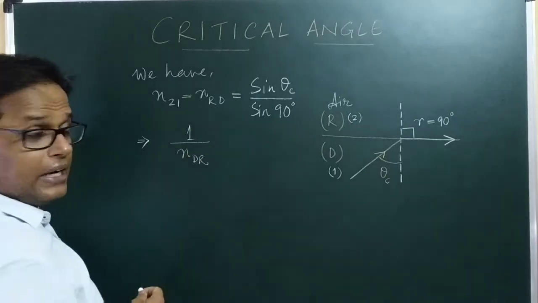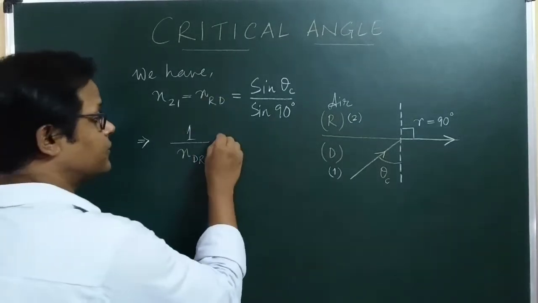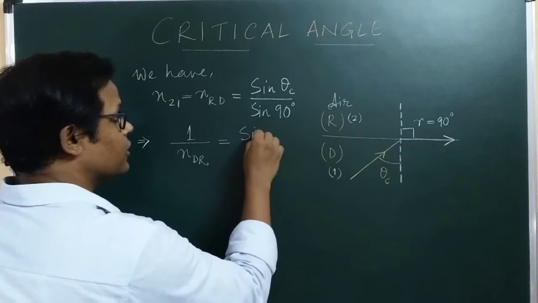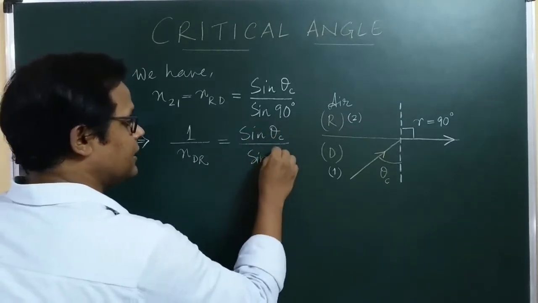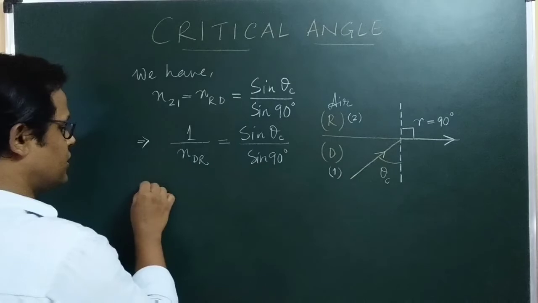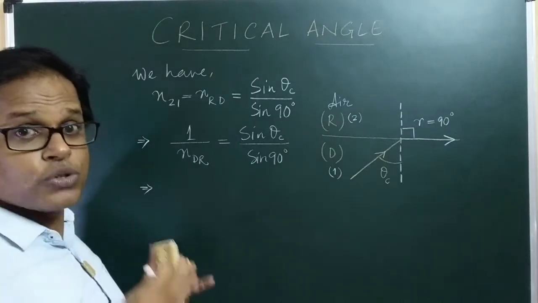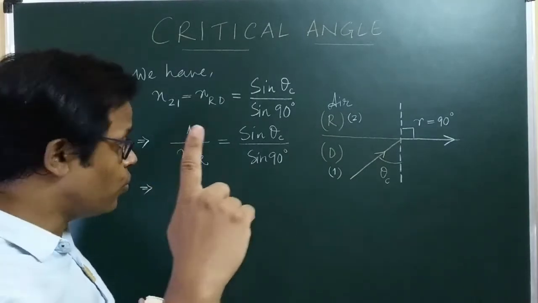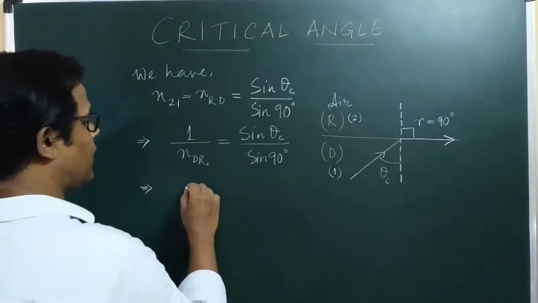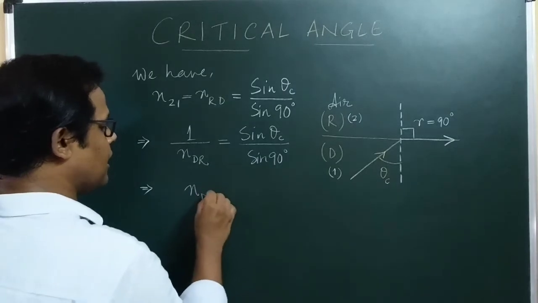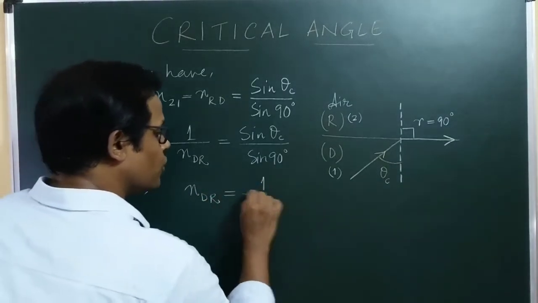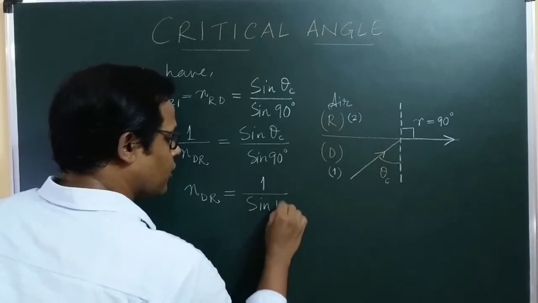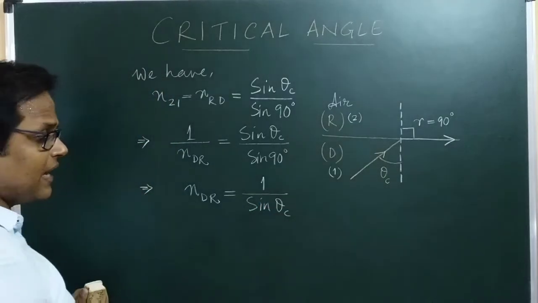So 1 by n_dr, which is the reciprocal of that refractive index, is equal to sine of theta c by sine of 90. And I expect that most of the students attending my classes definitely know sine 90 is equal to 1. So you will find that n_dr will be equal to 1 by sine of theta c. Very simple to see that.